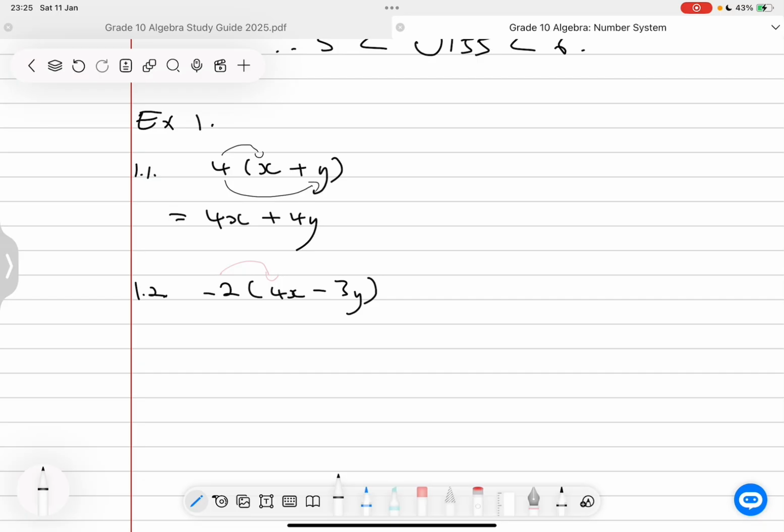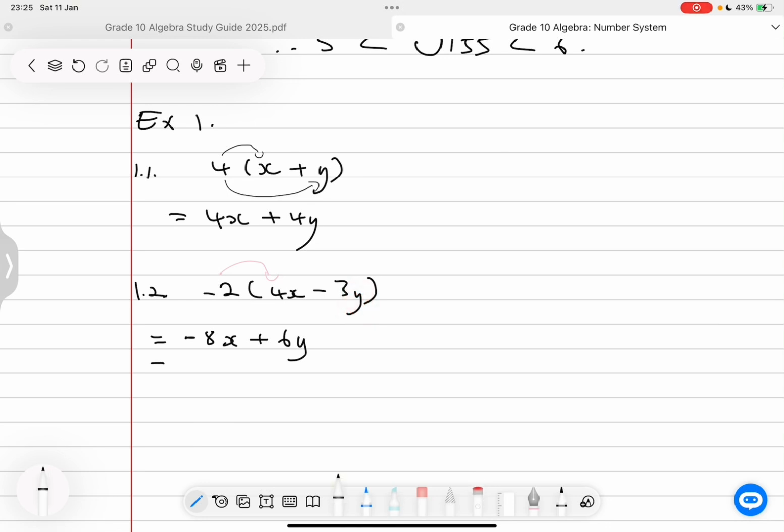By doing that, we will have negative 2 times a 4. This will give me a negative 8, and we keep the x as it is here. Then we have a negative 2 times a negative 3. That should give me a positive 6. And we keep the y as it is there.